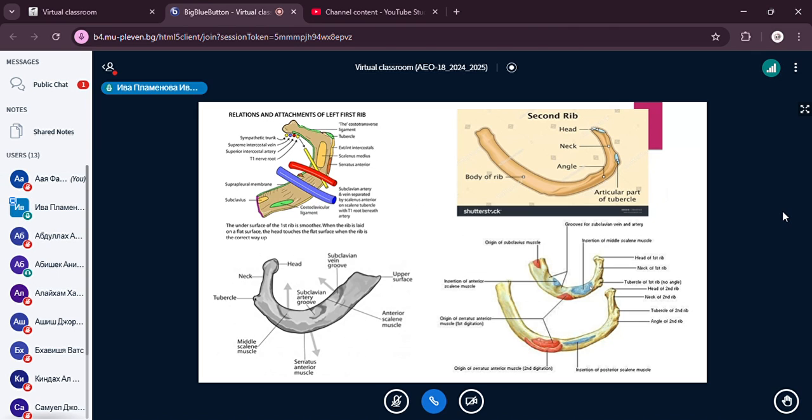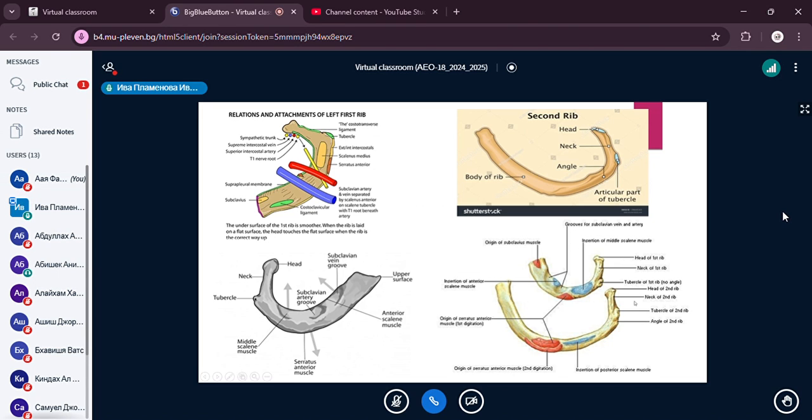We have three muscles here: musculus scalenus anterior, medius, and posterior, and those are the insertion places of these muscles. But the most important for now is this one: insertion of anterior scalene muscle, or scalene tubercle, between these two grooves for the subclavian artery and for the subclavian vein. The red ones are for the origins.